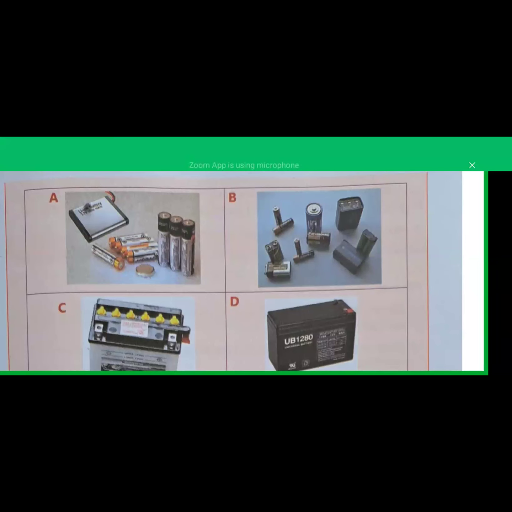Let's hear from Camps. I think A and B are primary cells, then C and D are secondary cells. Okay. Camps, unmute and accompany your answer with reasons.